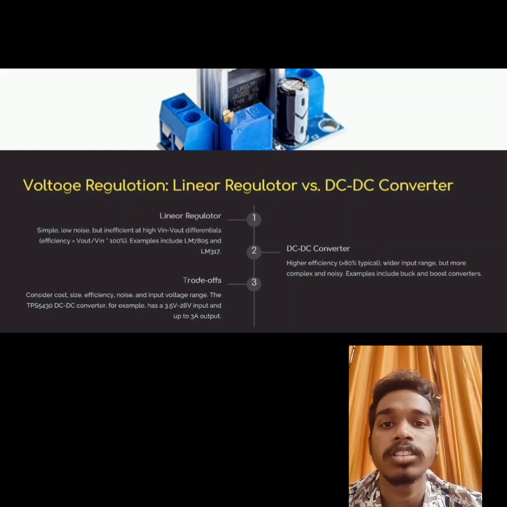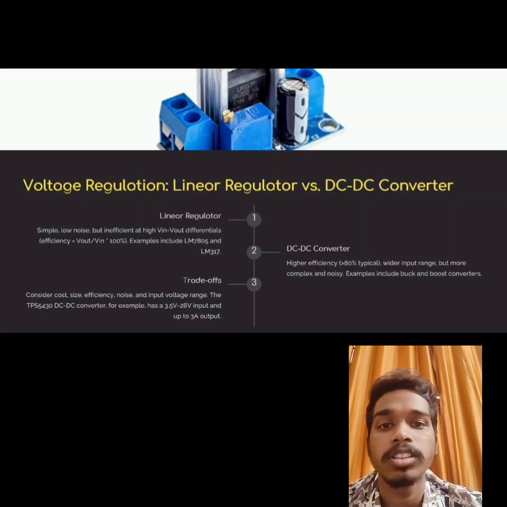So my fourth is voltage regulation, linear regulator versus DC to DC converter. First is linear regulator: simple and low noise but inefficient at high V in to V out difference. Efficiency is equal to V out by V in times 100%. Examples include LM7805 and LM317.